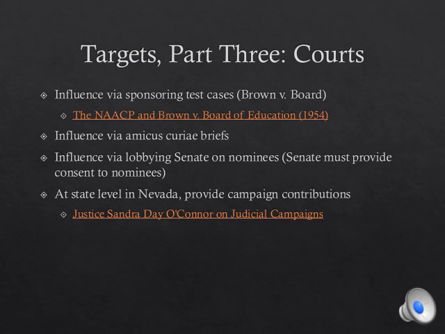And then finally, if you're trying to influence Nevada courts, like the Nevada Supreme Court, and now the Nevada Court of Appeals, how can you do that? In some of the ways that we've suggested here. Certainly the first two, right? You can sponsor a test case, perhaps. You can file an amicus curiae brief. You cannot lobby the Senate, because that's not how things work in Nevada, right?